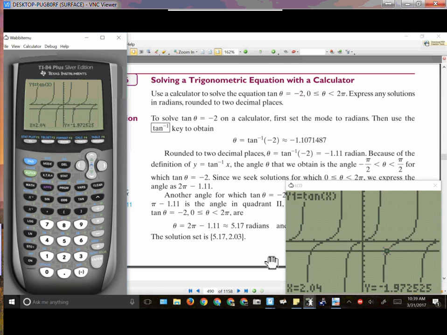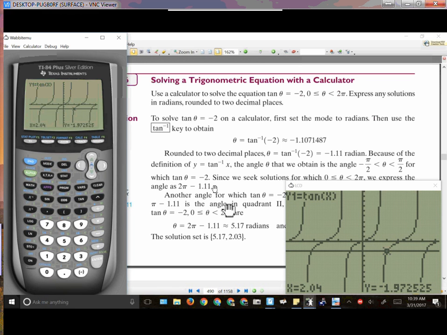Where was our domain supposed to be? 0 to 2 pi. So is it legal for me to use that answer of negative 1.11? And the answer would be no, I can't get by with that one.